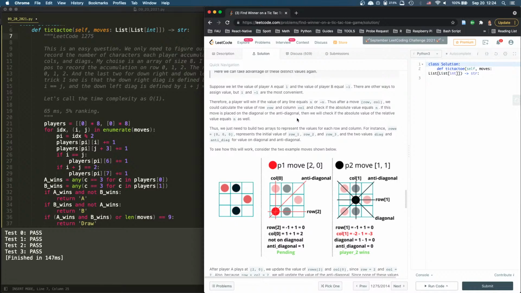So what we're saying is, all of this will be recording both the rows and columns. P1 moves to 0, row 2 equals 0. This one will be 0, and column 0.